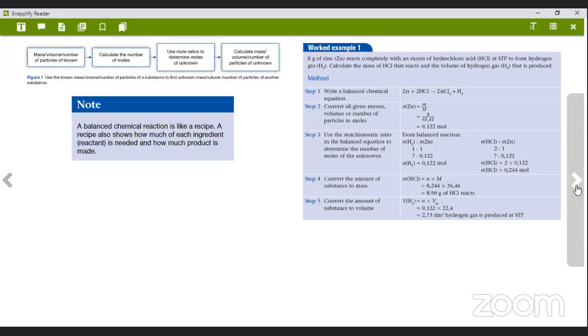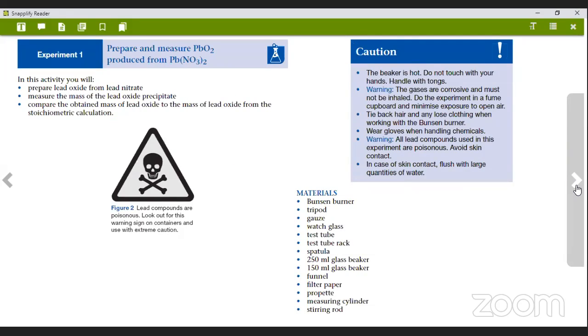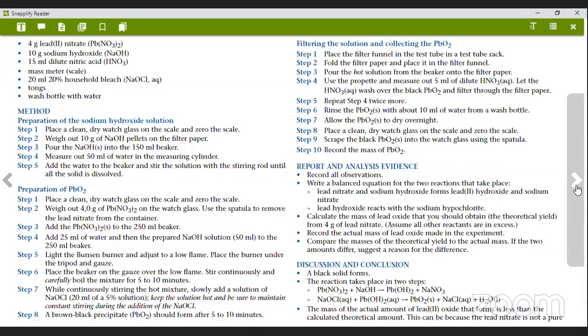I hope that everybody is still with me on. Oh, okay, these are the experiments. I'm not sure if you're going to be doing experiments because we don't have experiments. So this part you guys can read through it on your own, and hopefully there'll be times where we get to do experiments.